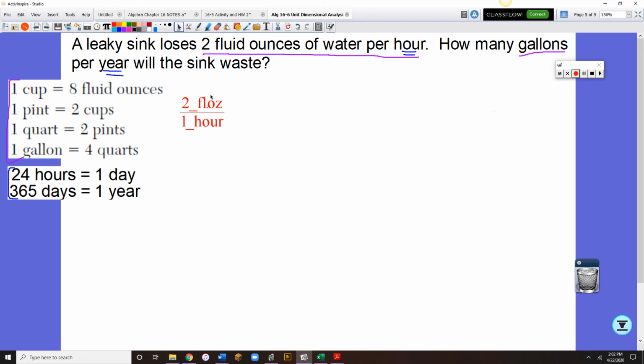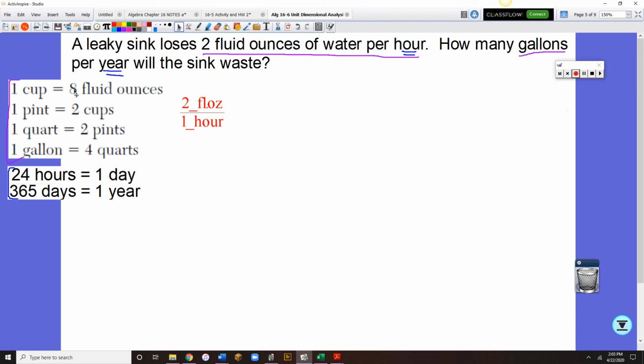Okay, so now I'm going from 2 fluid ounces for 1 hour, and I need to go up to cups. There's no conversion on here that goes straight from fluid ounces to gallons, so I'm going to have to use all these conversions to get to gallons. So 8 fluid ounces in 1 cup, okay? One of those has to go on the top, either 1 or 8.